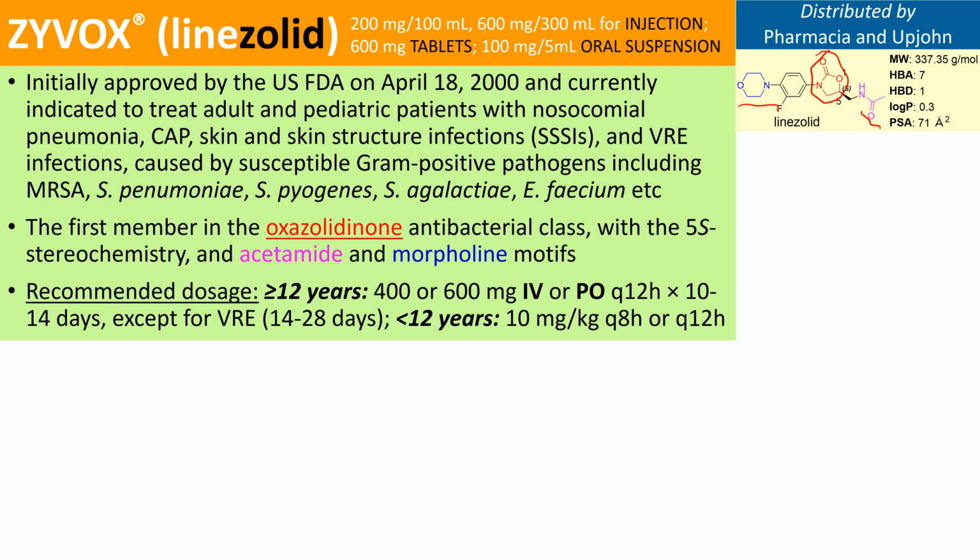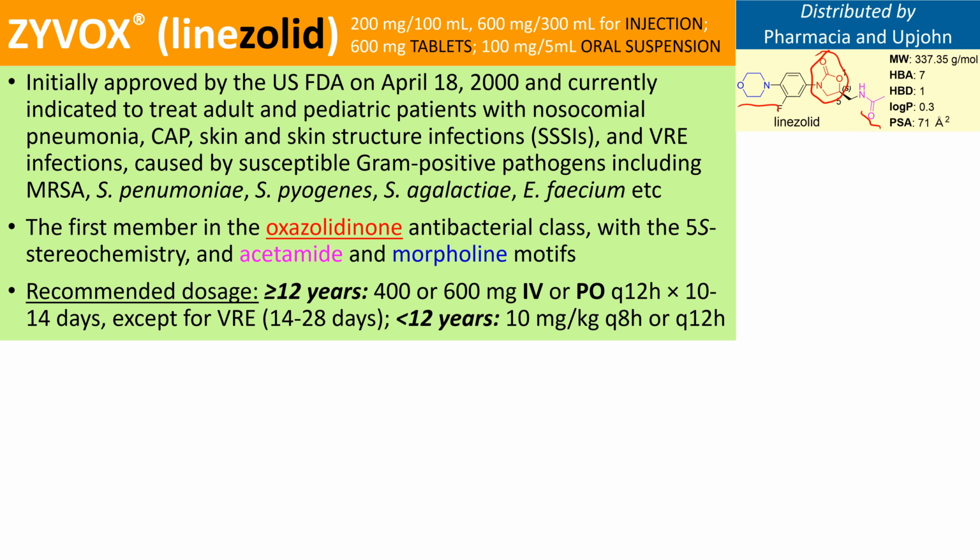This medication is available as 200 mg per 100 mL and 600 mg per 300 mL, which is 2 mg per mL, for intravenous use, 600 mg as tablets, and 100 mg of linezolid per each 5 mL for oral suspension.